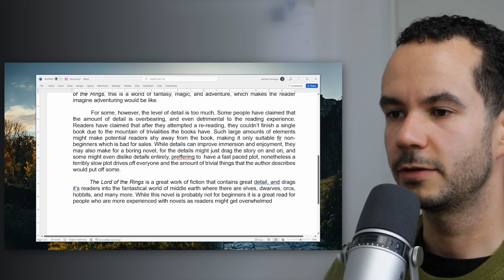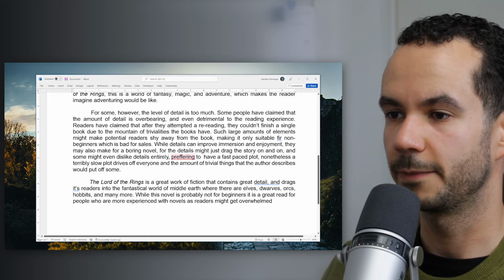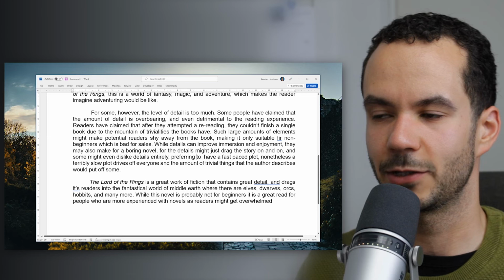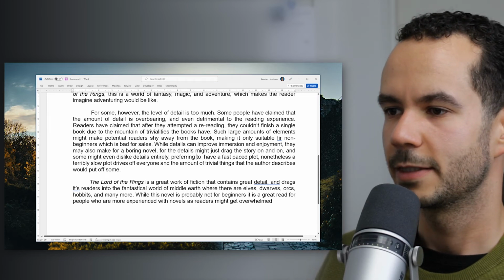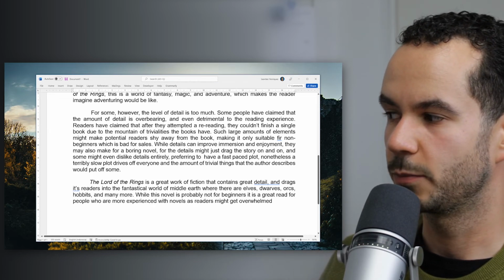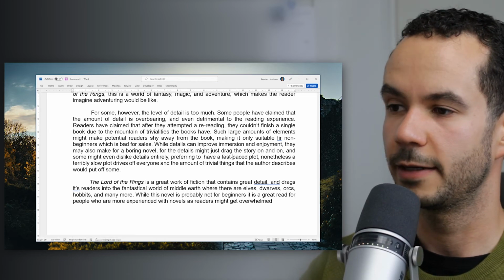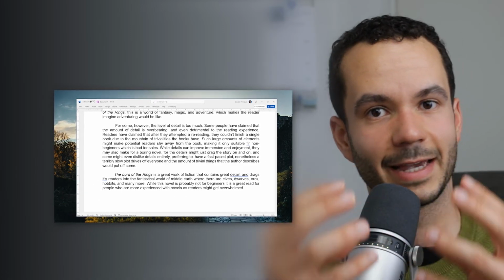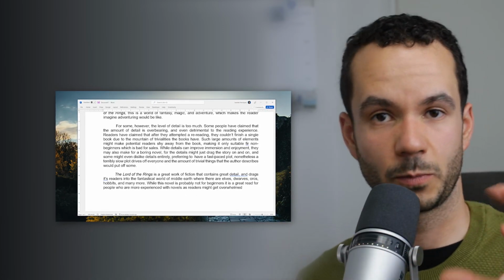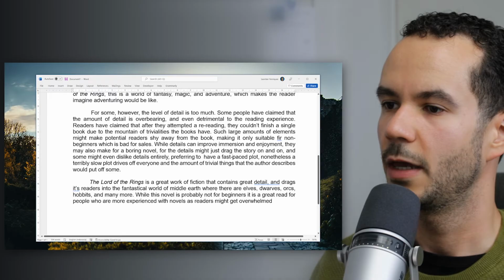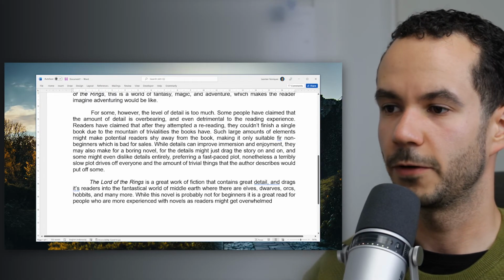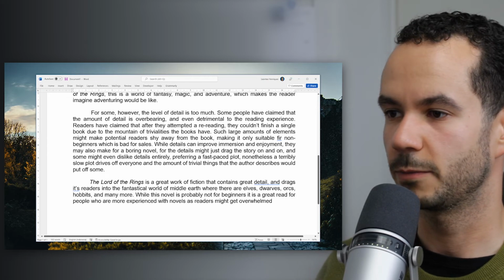And some might even dislike details entirely, preferring, which is a spelling error, which the Microsoft editor found correctly, to have a fast-paced plot, and we need to include a hyphen here as well. So again, if you have two adjectives that both together form one adjective, fast-paced, we need to have a hyphen. And to make it less wordy, we can remove "to have", preferring a fast-paced plot.